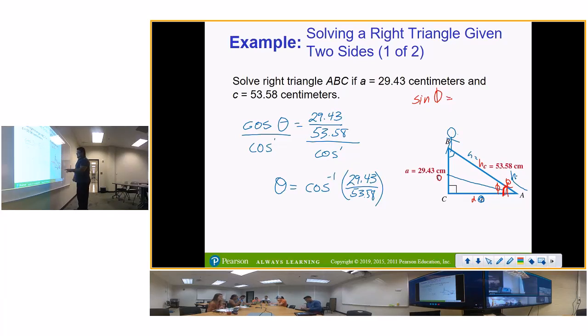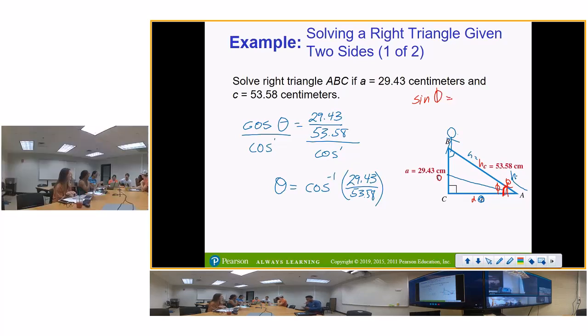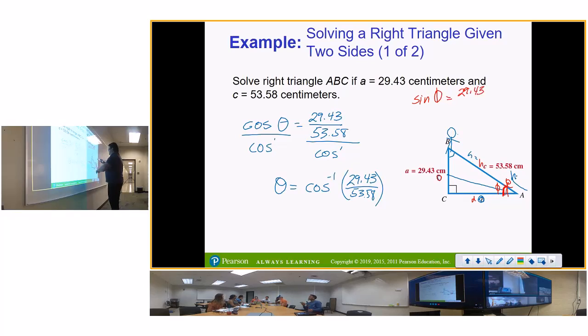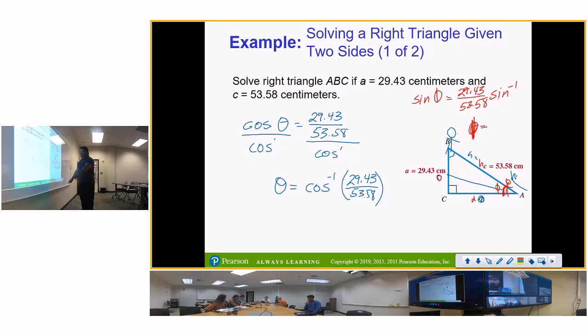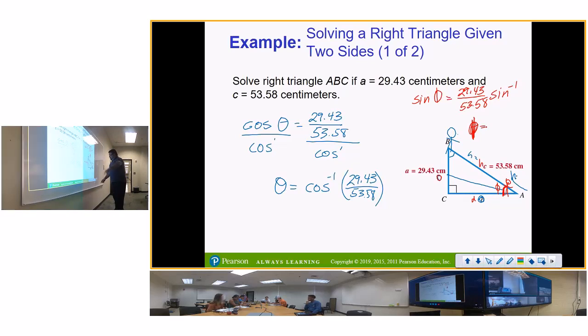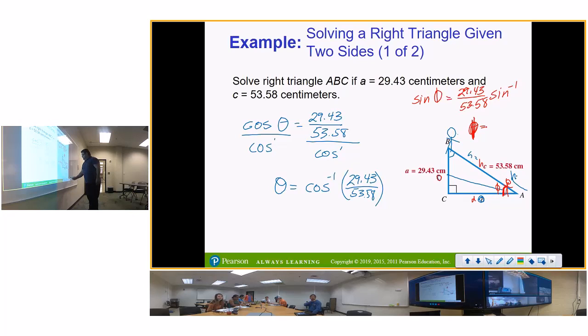Heck gone. You need to lay off the Marlboro Reds. All right, Oscar, 29.43 over 53.58. And that's going to be the inverse sine. So theta is equal to, all right, somebody give me the inverse cosine of in blue. What'd you get?